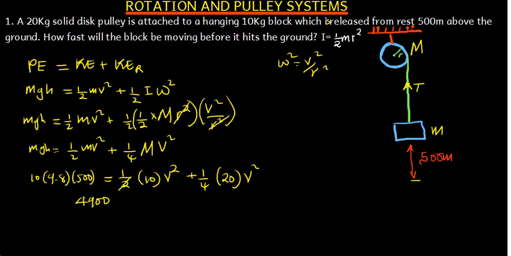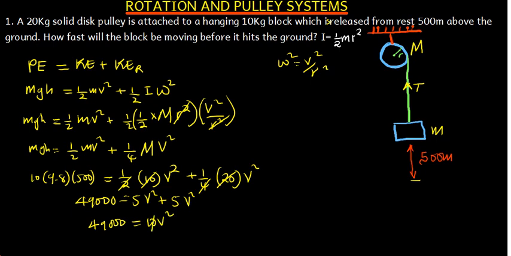And 2 can go into 10 5 times. 4 can go into 20 5 times. So 5 plus 5 is 10, and this will be 49,000 equal to 10 v squared.